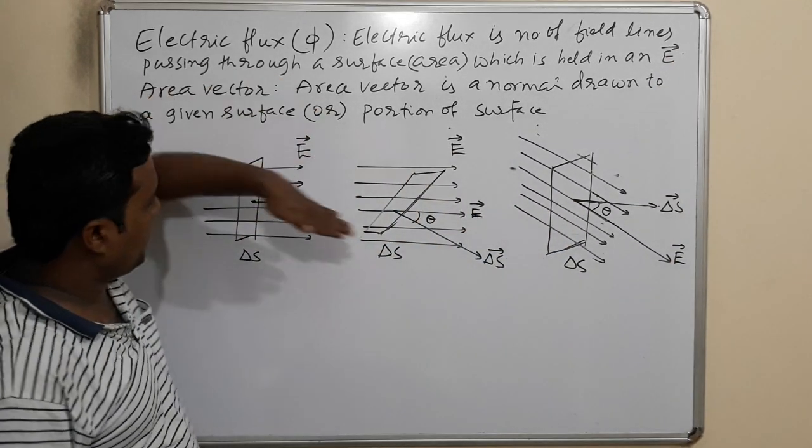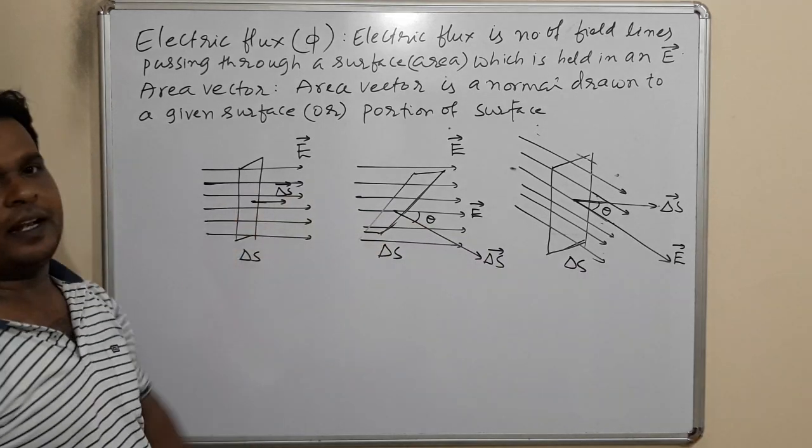How many lines will be passing through this surface area which is held in the electric field?